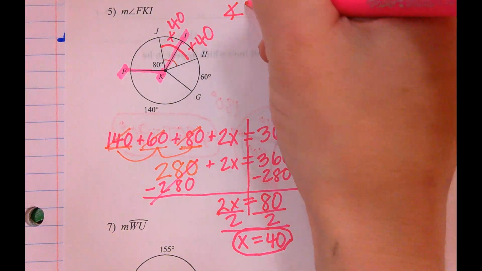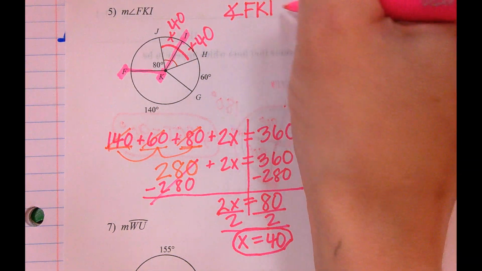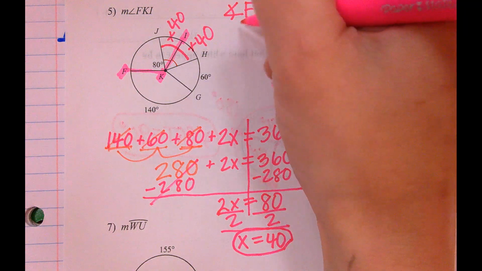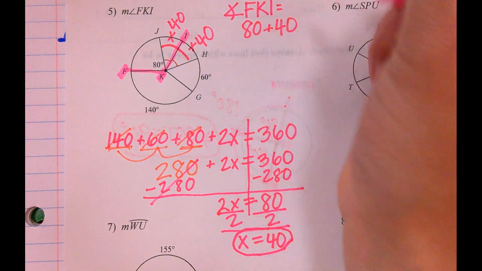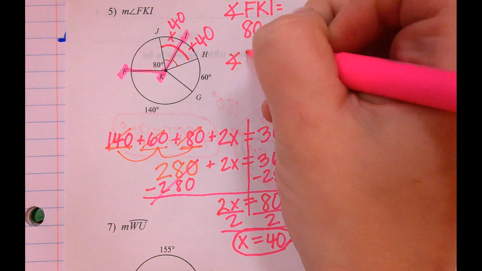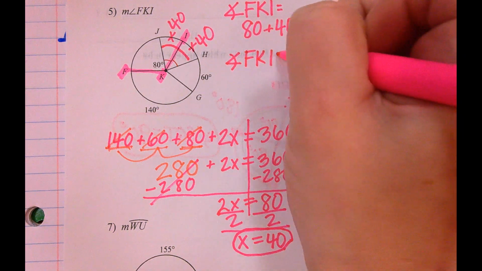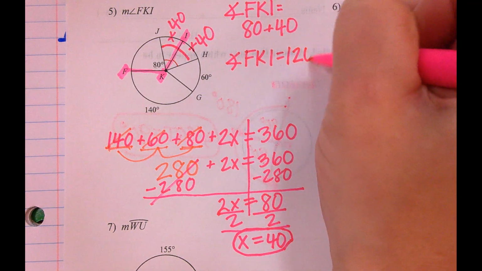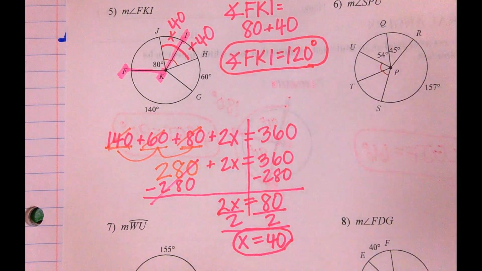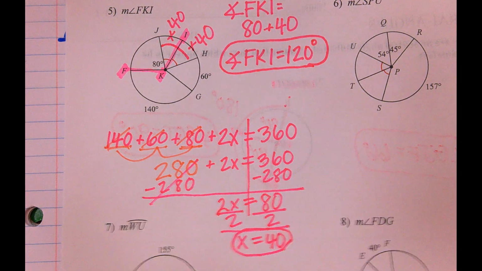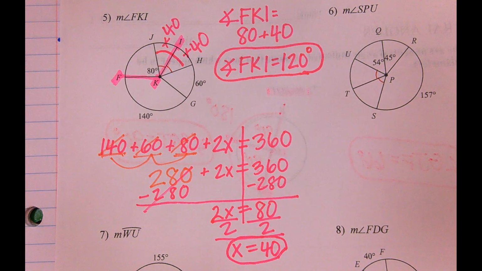Awesome. So angle FKI equals 80 plus 40. That is 120 degrees. Awesome.